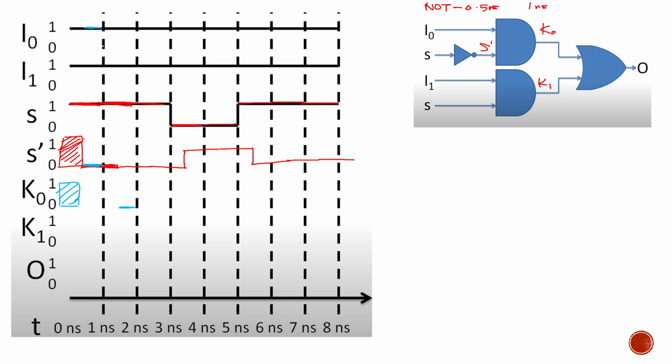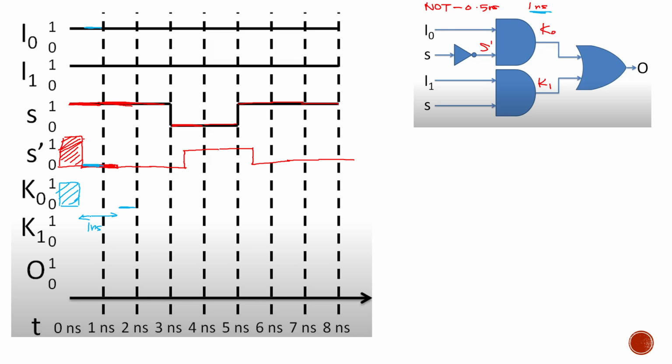Get high and low, the result will be low, delayed by exactly 1 nanosecond. Why is it 1 nanosecond? Because it's specified over here that this AND gate and OR gate have a delay of 1 nanosecond.